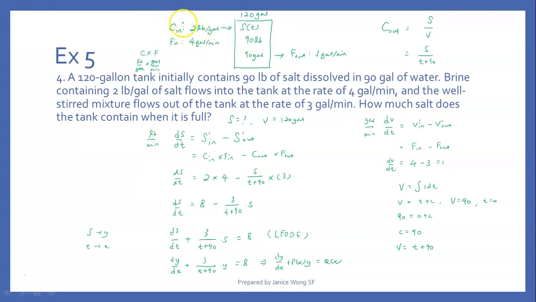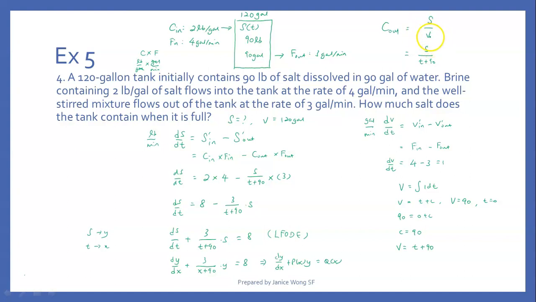So look at the inlet, we have C and F. By using C times F, we can form S prime, which will give us a value in the units of pound per minute. While for S prime out, look at the outlet, we only have F. We don't have the concentration. So we need to find the concentration function, which is S over V. Concentration is the amount of salt over the volume of the liquid in the tank, S over V.